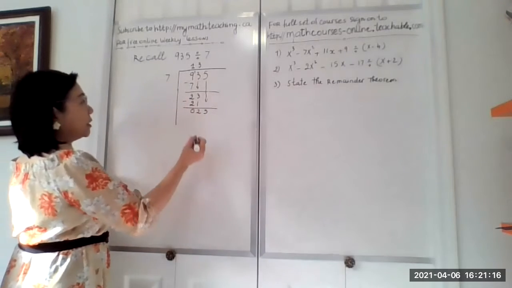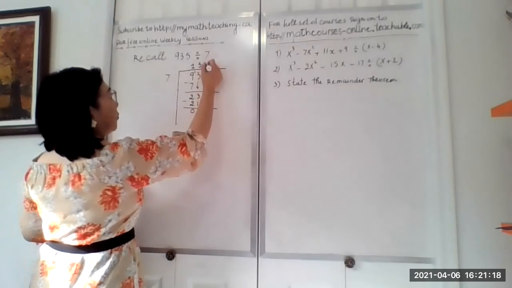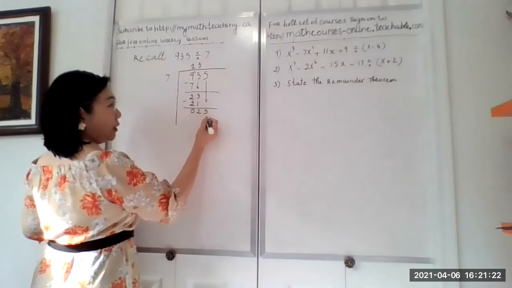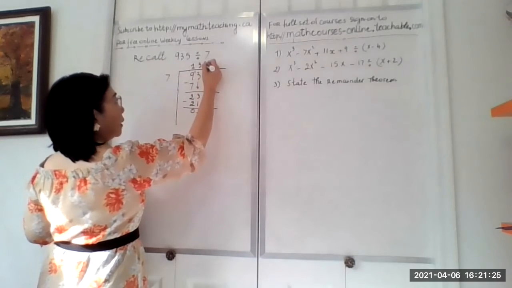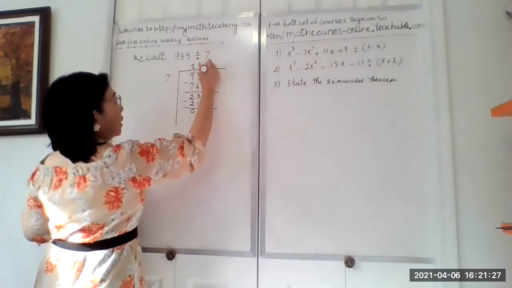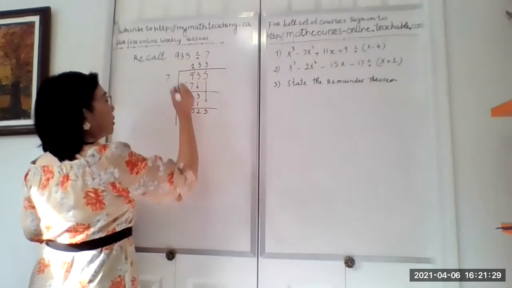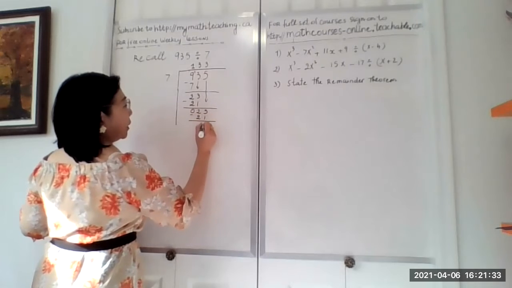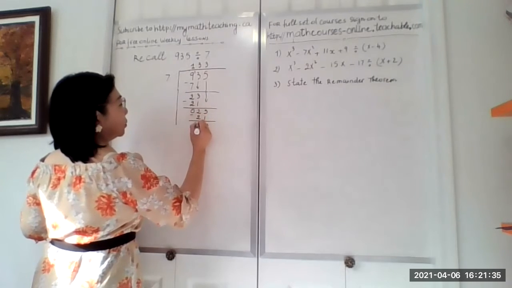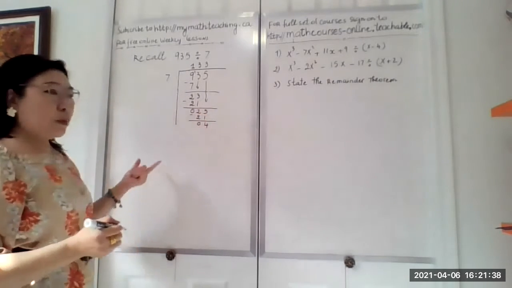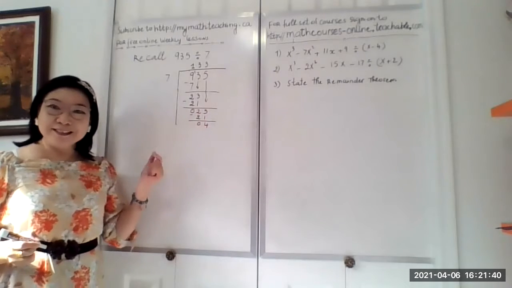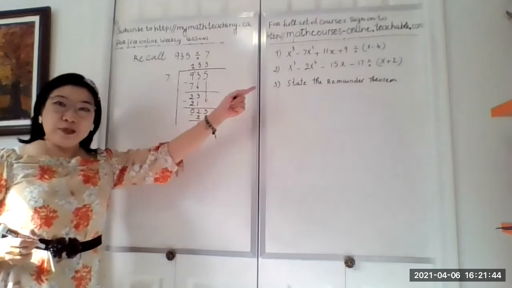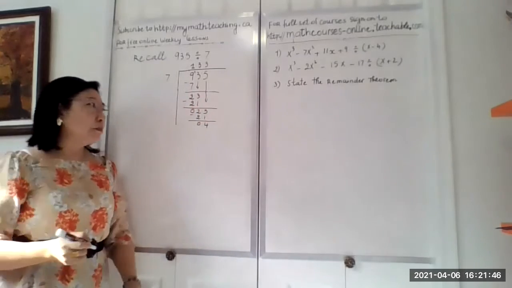For 25 divided by 7, the only number we can pick is 3, because 4 times 7 is 28, which is bigger than 25, and we cannot subtract. 3 times 7 is 21. Take away: 5 minus 1 is 4, and 2 minus 2 is 0. This is no problem, everybody knows how to do it, right? I just demonstrated it because it relates to the next step.